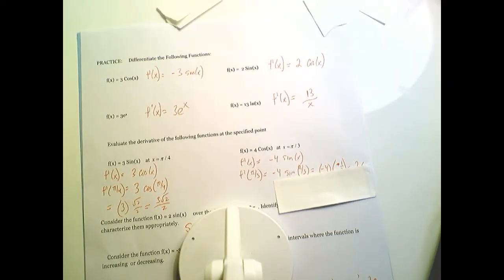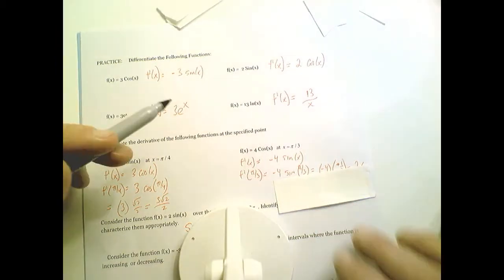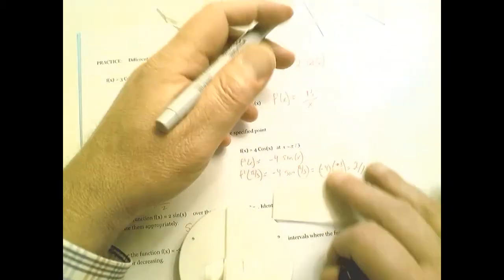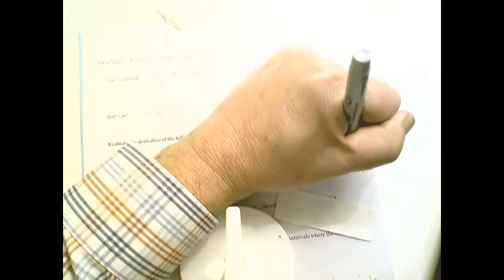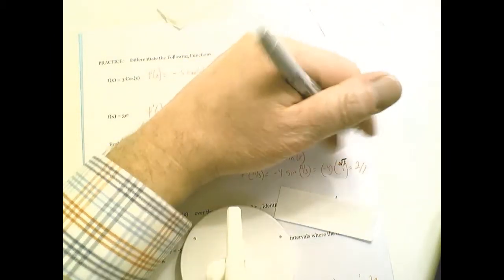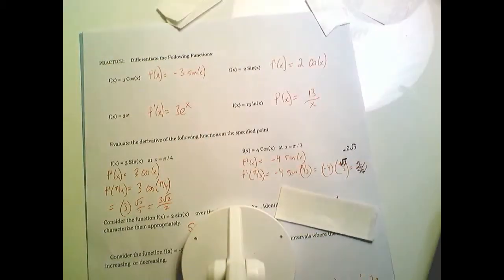If we remember a little bit from the unit circle, sine of pi over 3, which is 60 degrees, has a relatively high y value. That's going to be negative 4 times the square root of 3 over 2. I'll have negative 2 the square root of 3. So negative 2 the square root of 3 is what I'll see here for an answer.